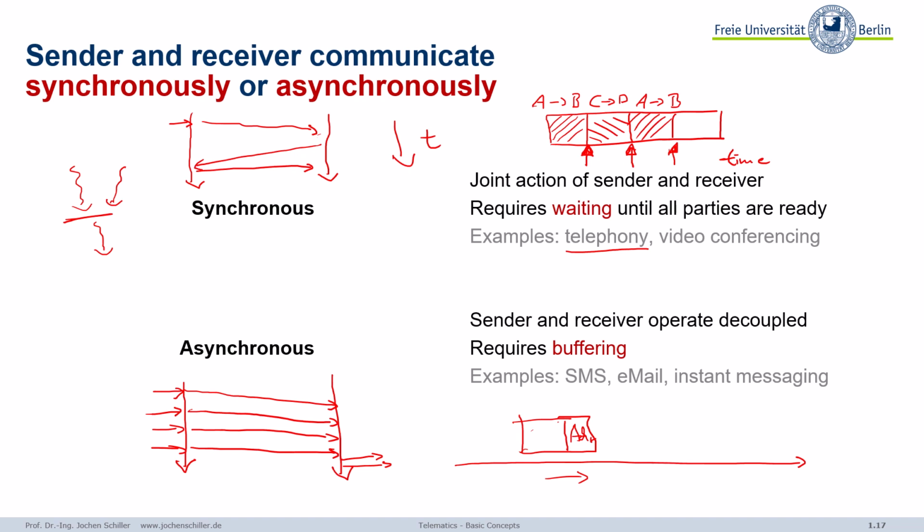Think of a letter. A letter definitely is asynchronous communication because you put it into the post box and that's it, but you have to write the receiver address on the letter. So we'll see many examples for asynchronous communication on different layers. So that's a basic principle, synchronous and asynchronous communication.